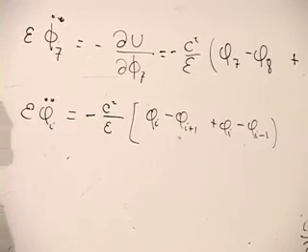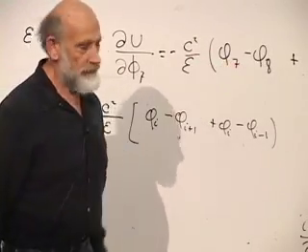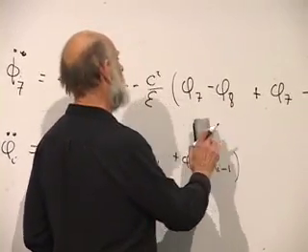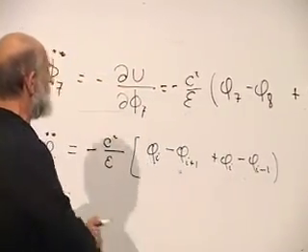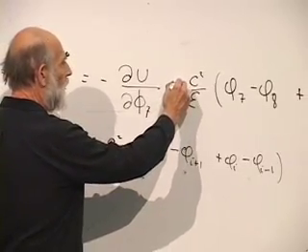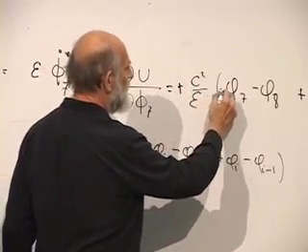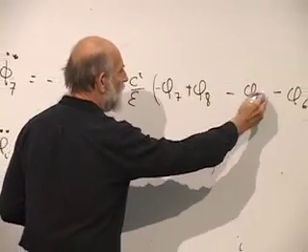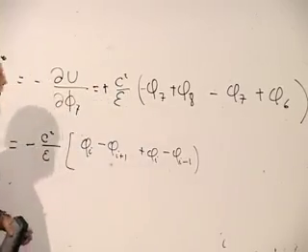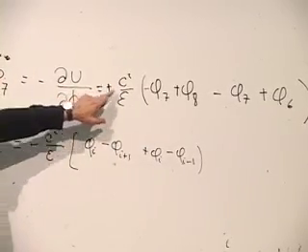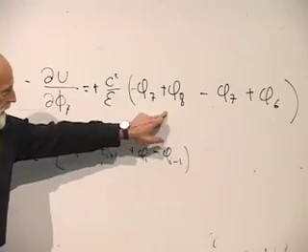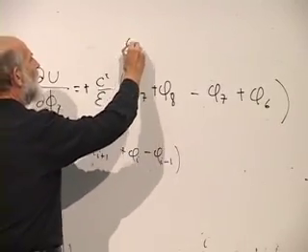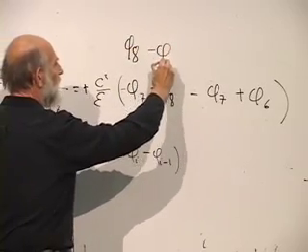Now, let me write this in a slightly different form. Let's change the overall sign. Put a minus here, a plus here, a minus here, and a plus here. Okay? All I did was take the minus sign and bring it on the inside of the parentheses here. Now, here we have phi 8 minus phi 7.